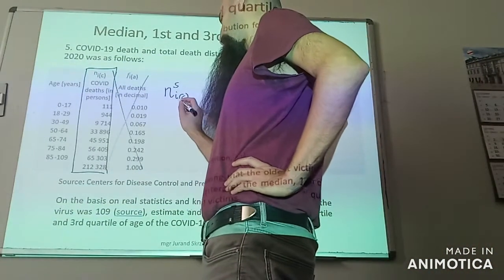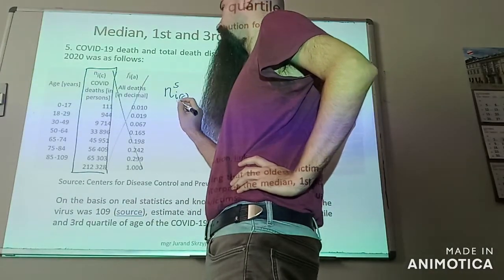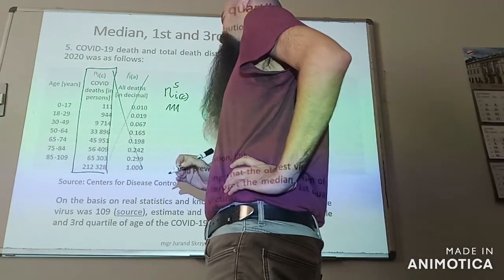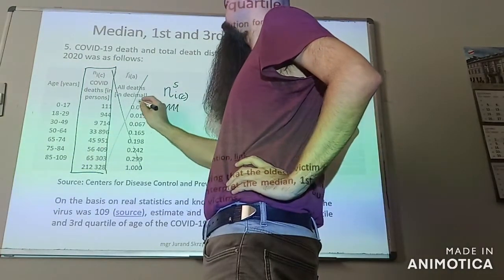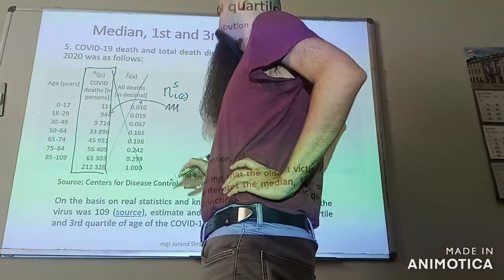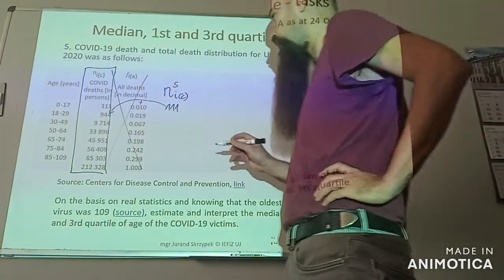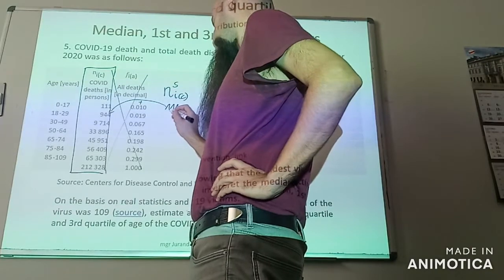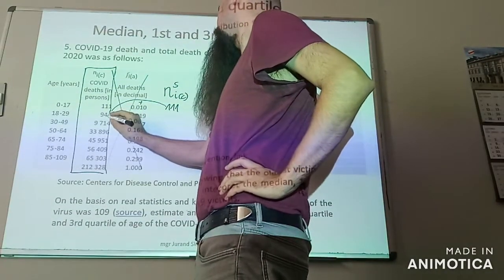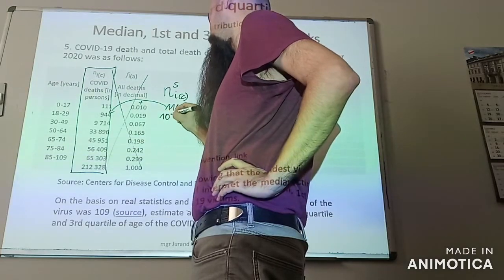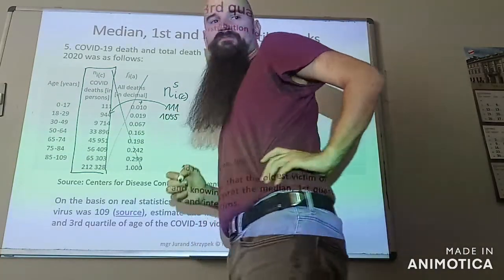The first cumulative frequency is equal to the first frequency, which is 111. The next one is the result of adding 111 plus 944. This is 1,055.